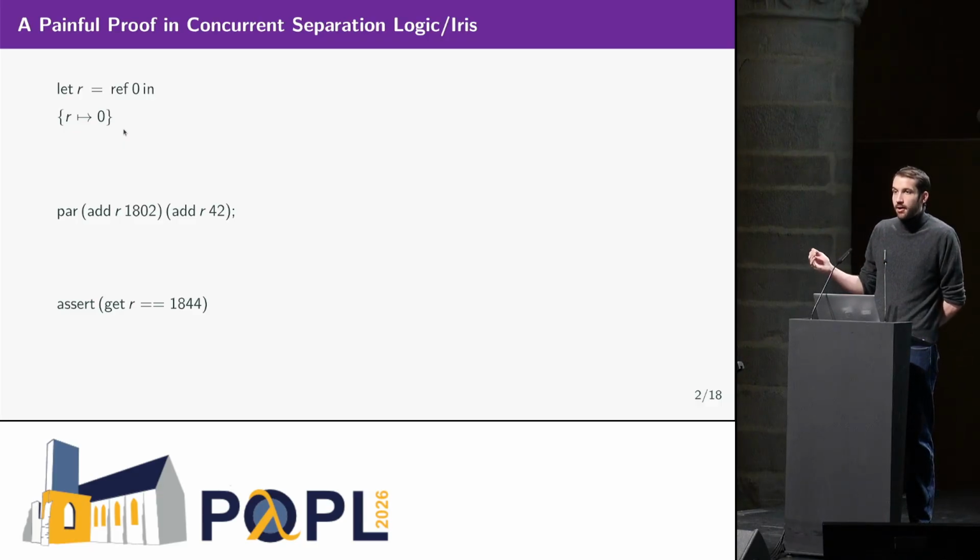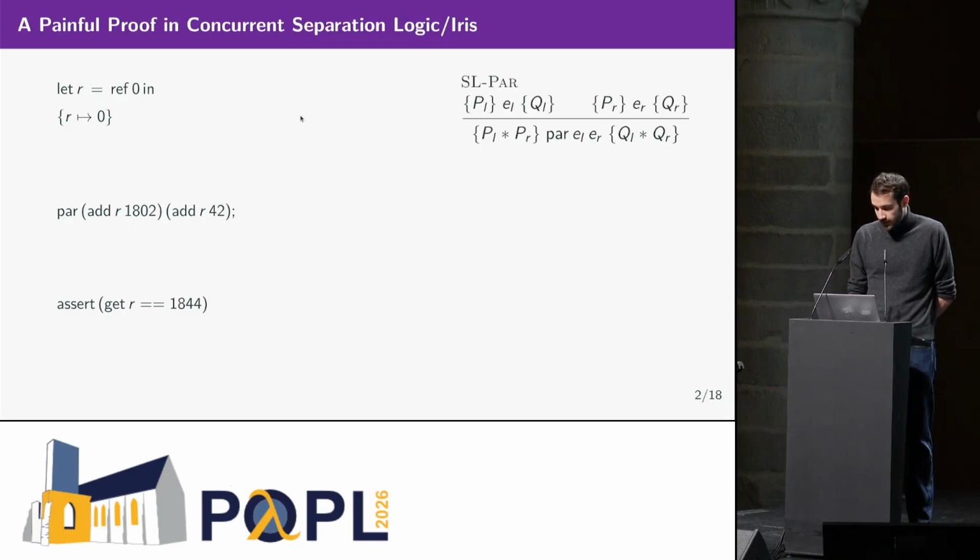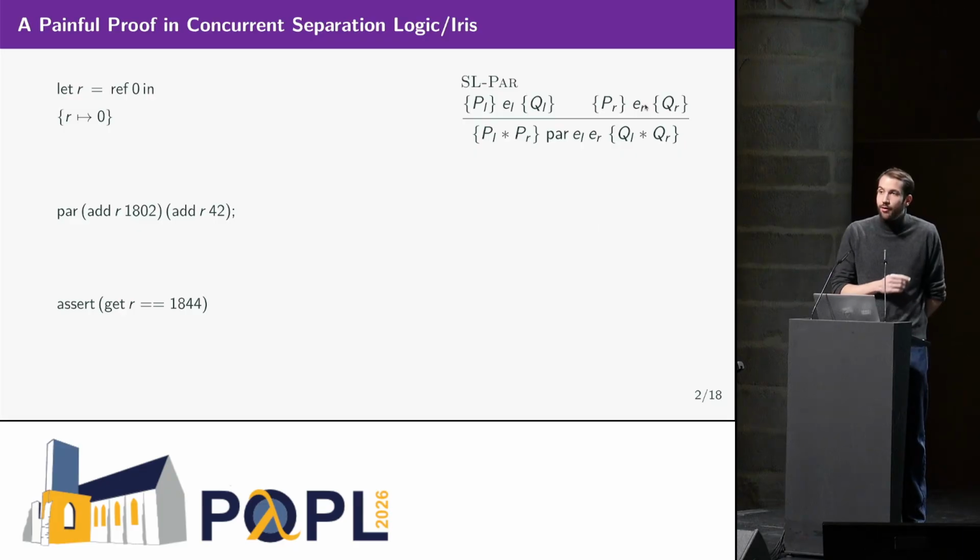Now we face a par. So what is the par rule of separation logic? Well, it's this one. To verify par, you have to separate your precondition in two pieces, one that will go to the left side and one that will go to the right side. However, here we have an issue because we have a single points-to assertion, but we will need it in the two sides, so we are a bit stuck.